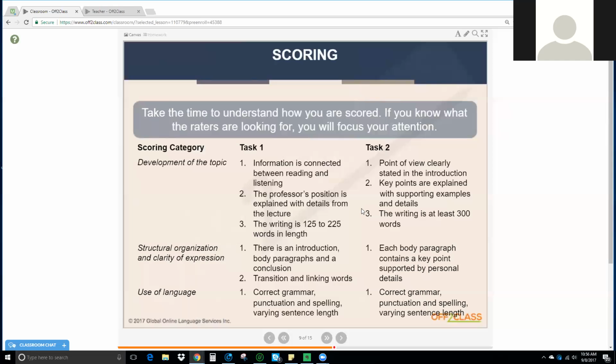But this is what we're looking for in task 1, the integrated question. This is what they're scoring you on. This is what they're looking for. And in task 2, the independent question, this is what they're looking for.